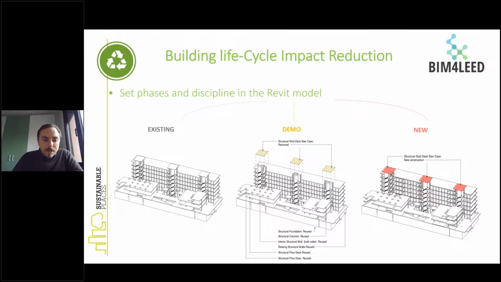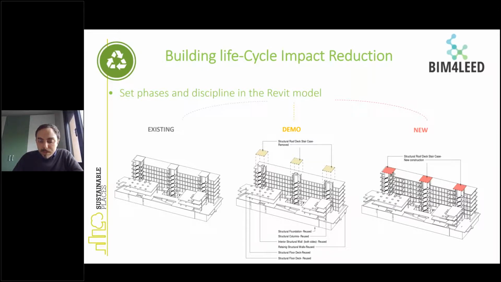Here you can see we modeled the existing structural model, and then we modeled the demolition part, and then we also modeled the new part, the new structure of the project, and we did it with the phases of Revit.